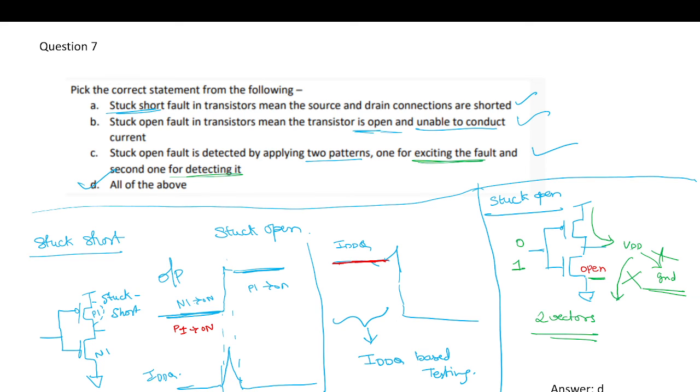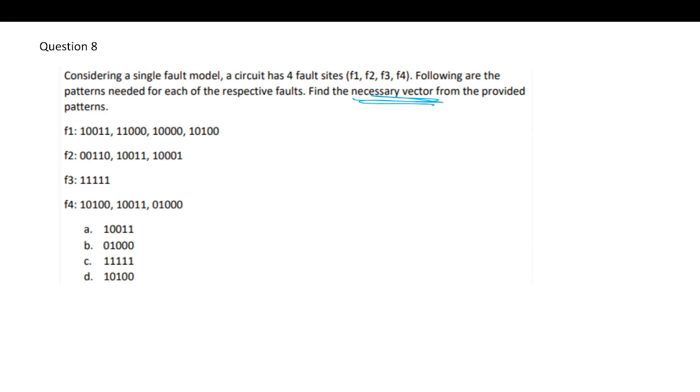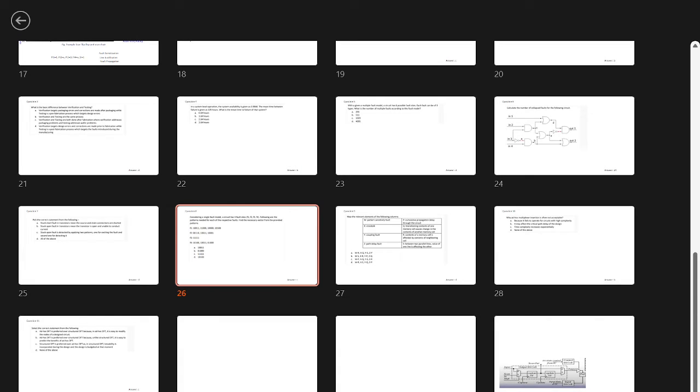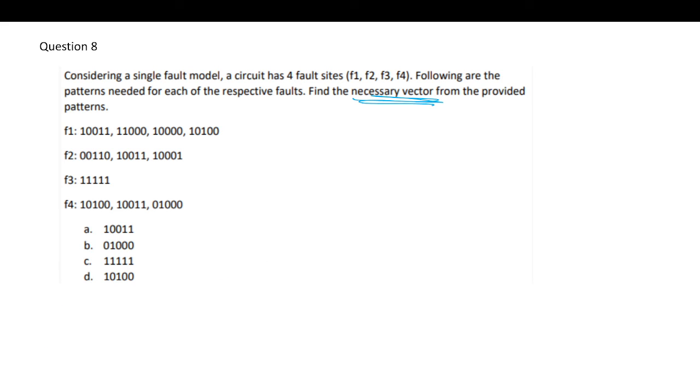Okay, so now next question. So what is the necessary vector? Now this F1 is a fault, like one of the fault sites.